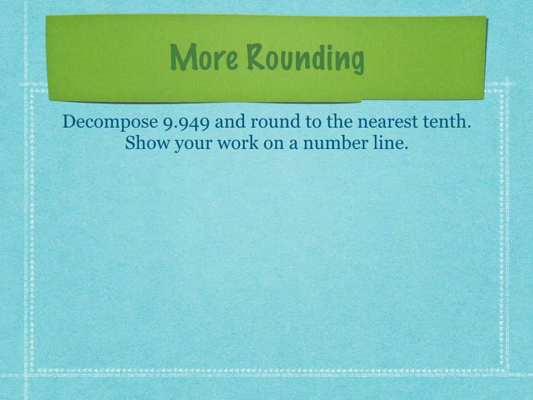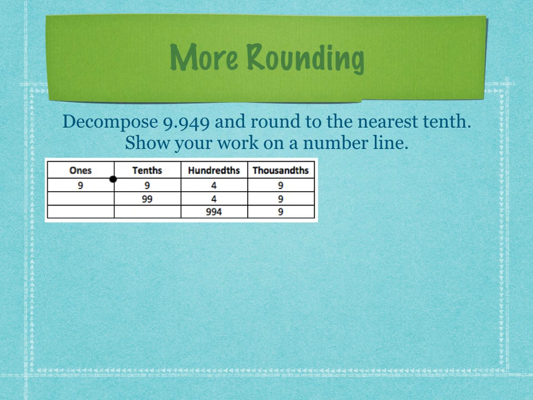So let's look at our next example. They want us to decompose 9 and 949 thousandths and round it to the nearest tenth. And then they would like us to show our work on a number line. So here we have it in our place value chart decomposed.